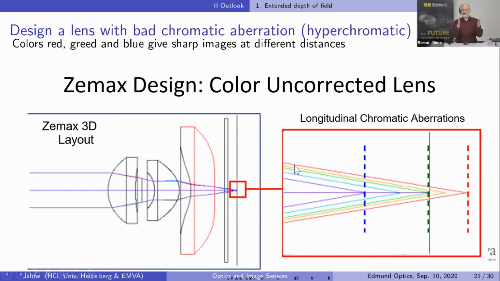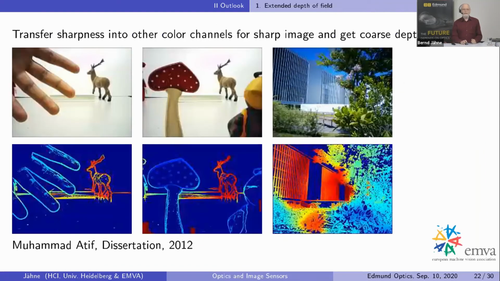Then you have the different color channels of your image sensor sharp at different things, and all you have to do is transfer this sharpness to the other color channels, and this can be done quite nicely. You see here the hand, which is very close, and the object here very far away. Both are sharp with these things.